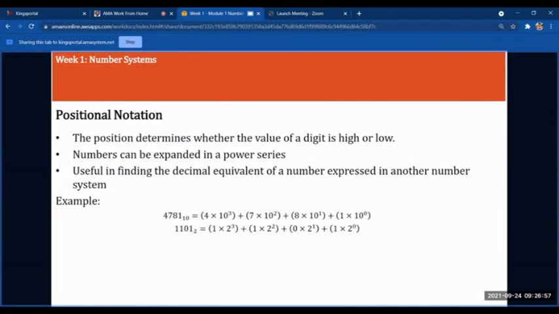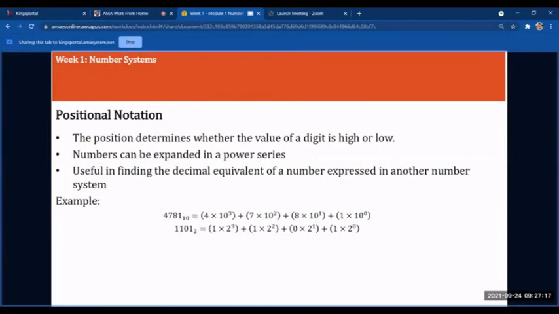So how would we do that? Magkakaroon tayo ng 4, then multiplied natin sa 10 raised to 3, then 7 times 10 raised to 2 plus 8 times 10 raised to 1 plus 1 times 10 raised to 0. So equivalent yan is 4781 base 10.